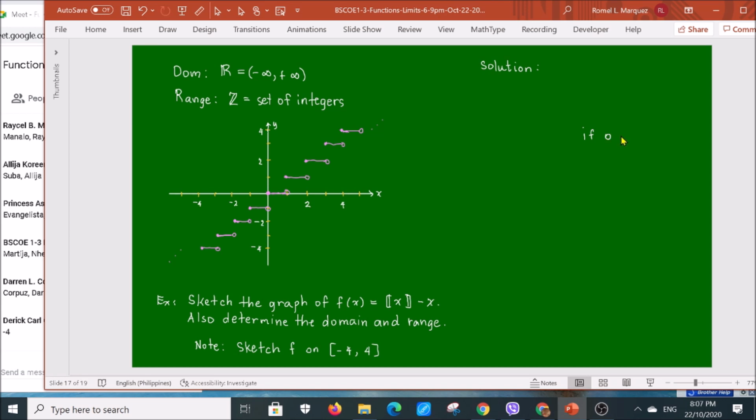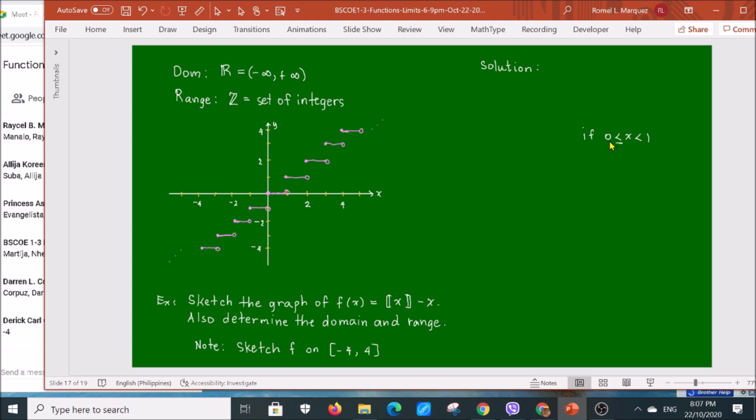If x is between 0 and 1, including 0, because as you notice in the graph, the left endpoint of every segment is included, but the right endpoint not. So how do we define this greatest integer piecewise?